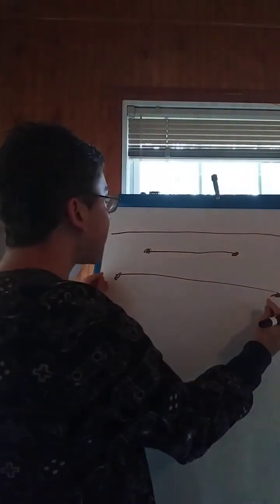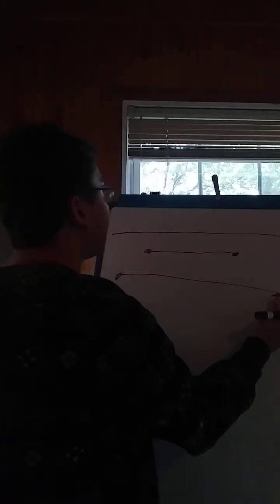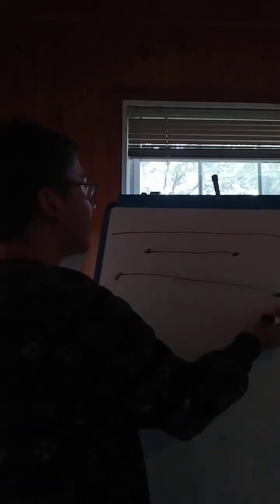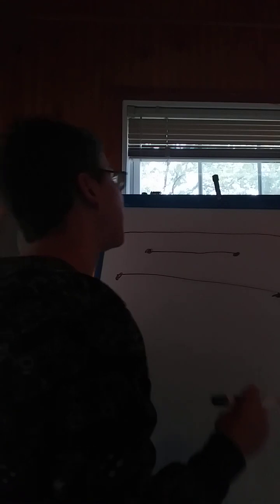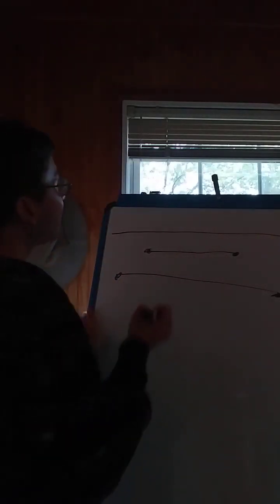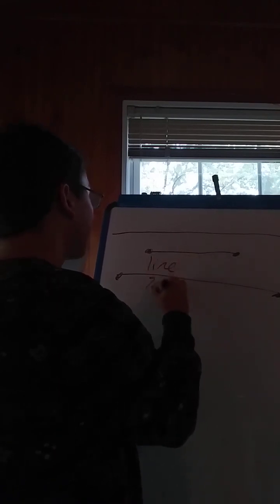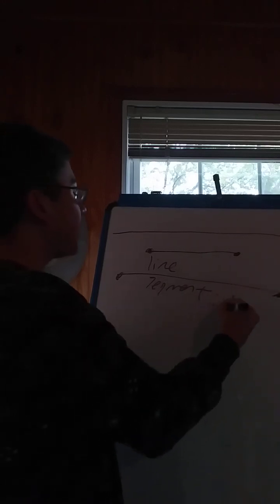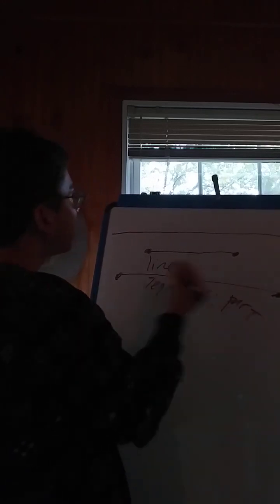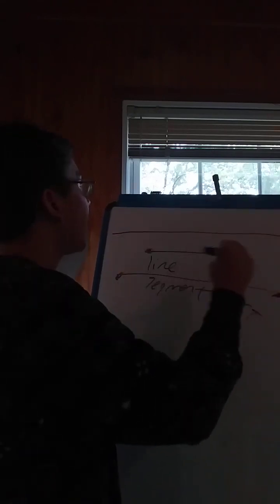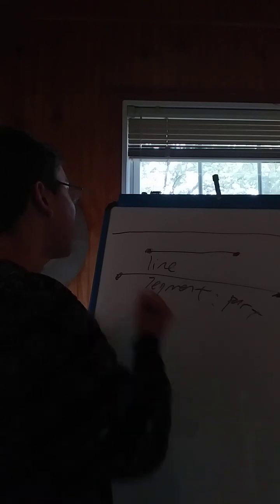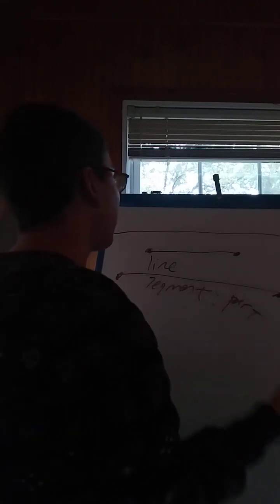So instead of this going on and on with no stopping points, these are the stopping points. This may be the starting point, this may be the stopping point, or vice versa. It depends on what direction you're going. This is something called a line segment. This is just a part of the line. A segment means part. This is just a part of, say, this really, really long line that has a starting and an ending point because it has the dots here.